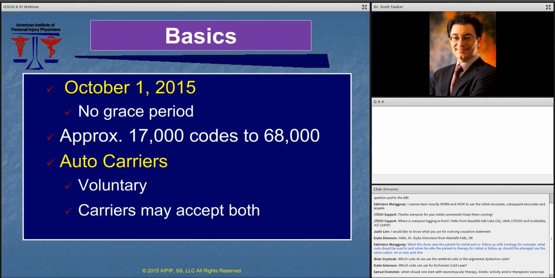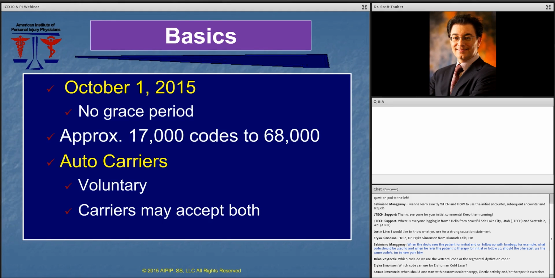If the carriers don't accept your ICD-10 codes right off the hop on October 1st, pretty much guaranteed within 6 to 12 months, all the auto carriers will be accepting them. So when it comes to the carriers, they're not really open about it. Some states may be a little bit different, but the recommendation here is to go ahead and start using ICD-10 no matter what.